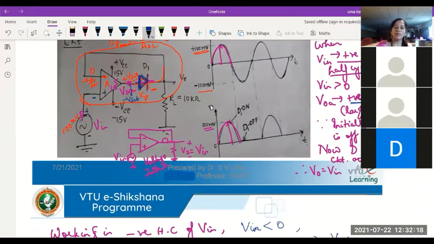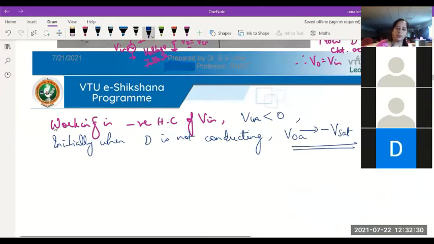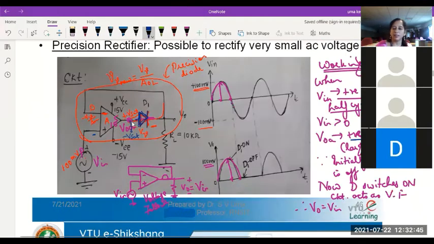So what you can surely see is that this diode will now be reverse biased. I have a higher voltage at the cathode and a lesser voltage at the anode, so the diode becomes reverse biased. It will not conduct; the diode will be switched off in this circuit.